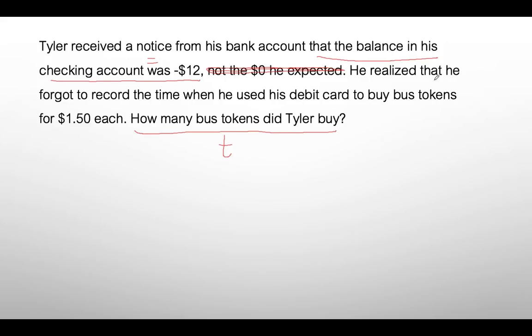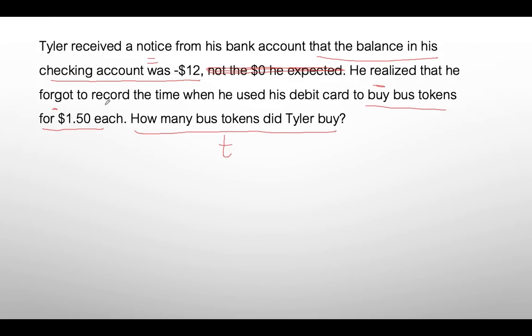Now, it told us that he forgot to record the time when he used his debit card to buy bus tokens for $1.50 each. Now, there's a lot going on in this little phrase. If we're buying something, money is being subtracted or taken out of our account, which means when we see $1.50, this is actually a negative amount.